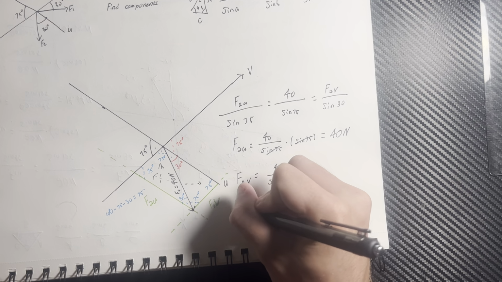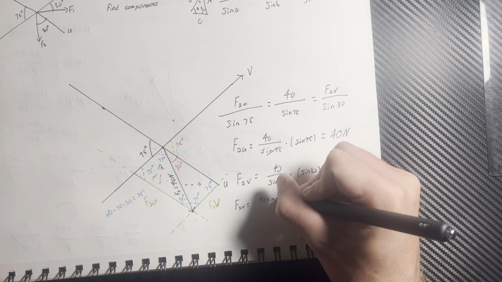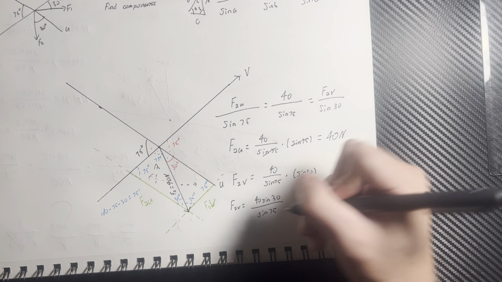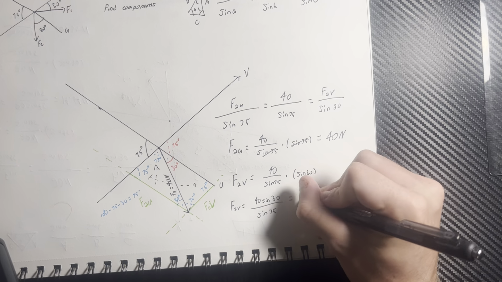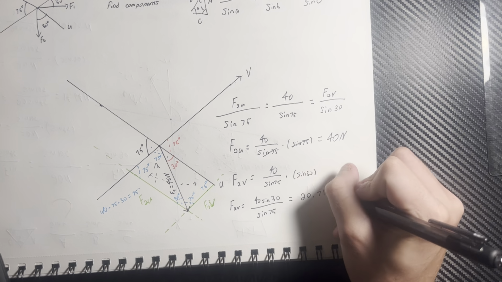So F2V equals 40 sine 30 over sine 75. And if you put that into a calculator to calculate it, you're going to end up with 20.71 newtons.